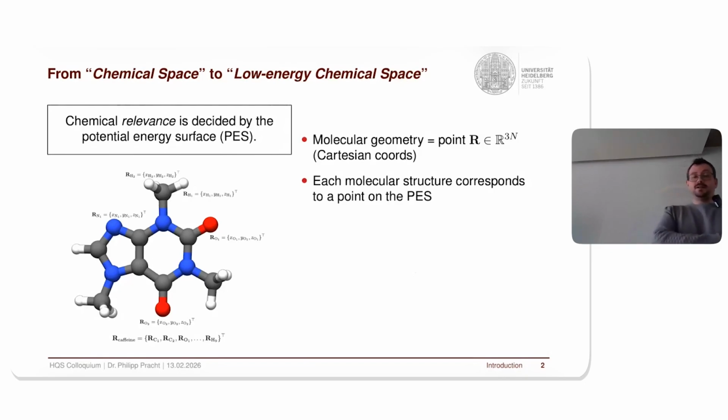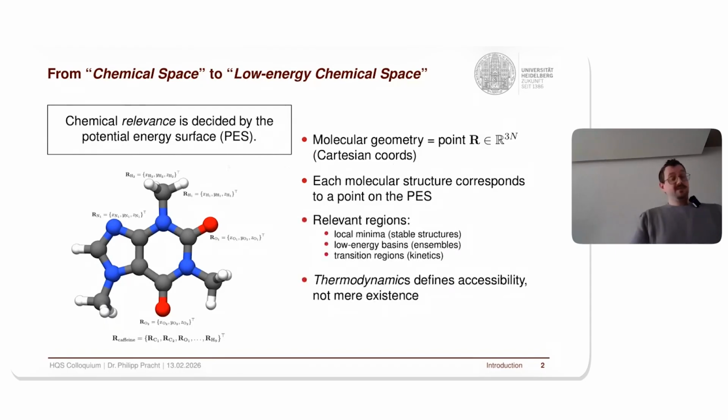Each molecular structure that we can come up with here would correspond to a minimum on a potential energy surface that we can compute with this input. The relevant regions on this potential energy surface are therefore the local minima. We have different energy basins, so collections of different minima, collections of stable structures.